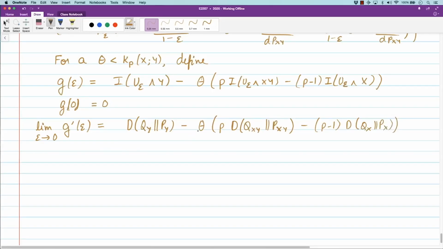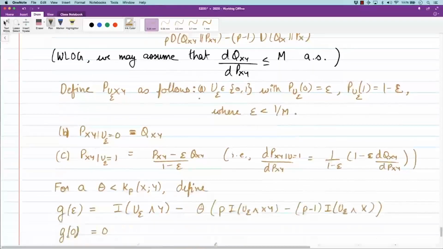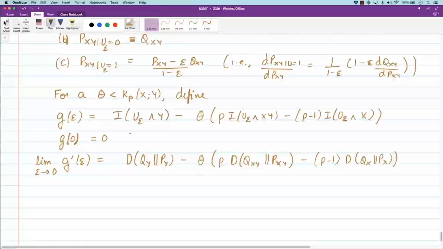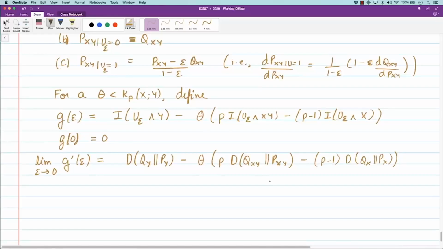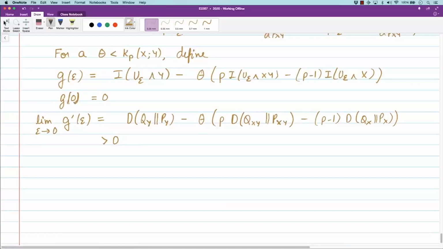And since we have assumed that theta is less than kappa, and this ratio, by the way, is kappa, therefore, if we take this part out, which is the non-negative part, then you get some non-negative part times kappa minus theta, which must be strictly greater than 0. So here is a function which starts at 0 and its derivative is strictly greater than 0 at 0.